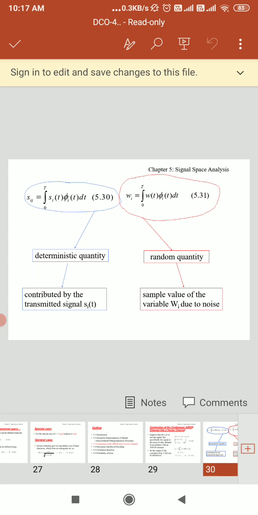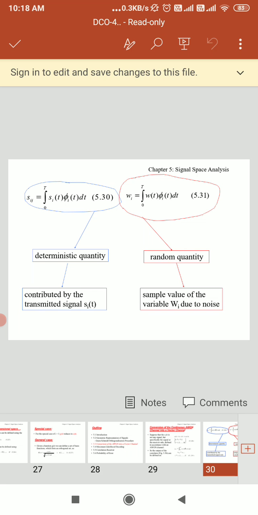When we take sij, that is the scalar coefficient, these concepts we have already seen when studying the geometric representation of signals. Scalar coefficient sij equals integration 0 to T si of t phi j of t dt.